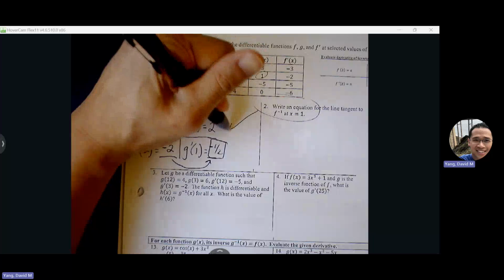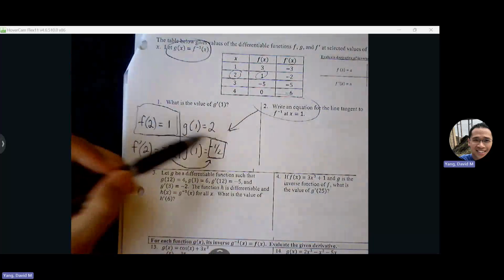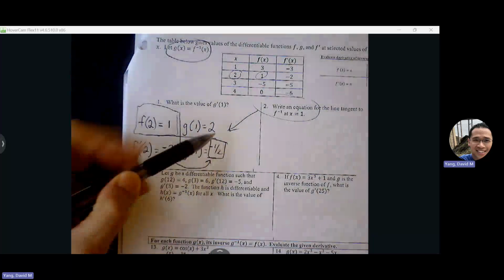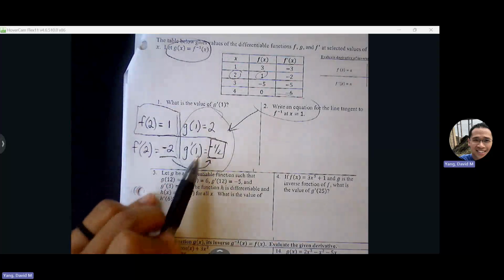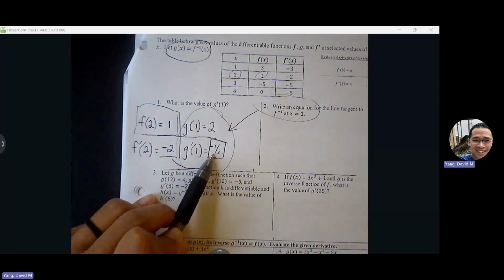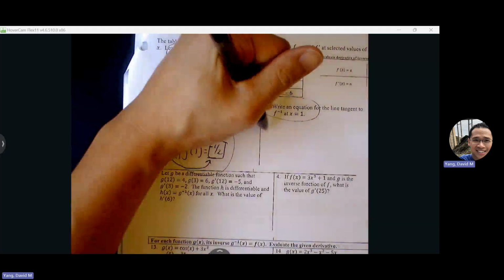And then number 2 says write the equation for the tangent line of f inverse, which is the g function. So we have everything that we need on the inverse side. Our ordered pair is (1, 2), our slope is -1/2, and then we should do point slope form.